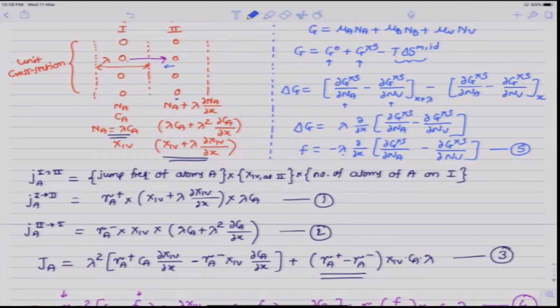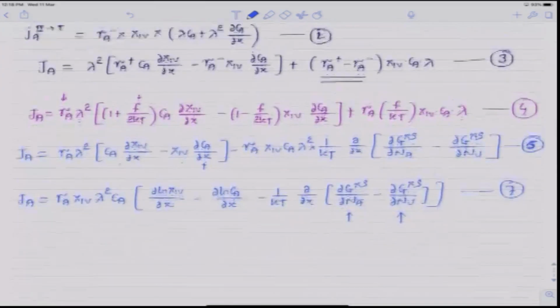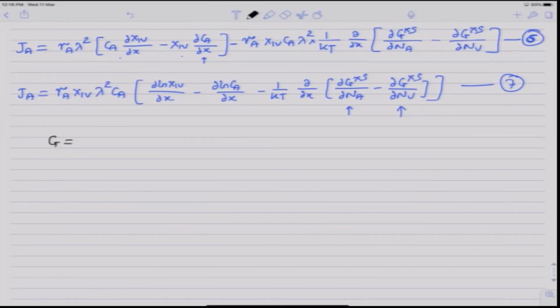Now from this equation we can write G as G0 plus Gxs minus T delta Sm ideal, which can be written as T into k ln omega, and we know for the mixing of A, B and vacancies we can write ln omega as ln of total number of atoms N factorial divided by Na factorial times Nb factorial times Nv factorial.